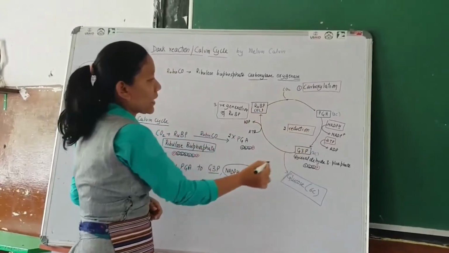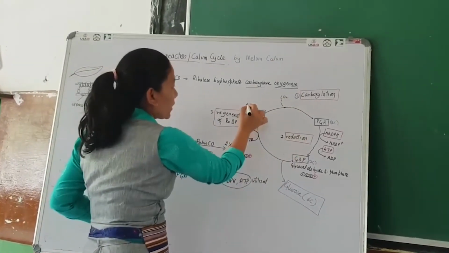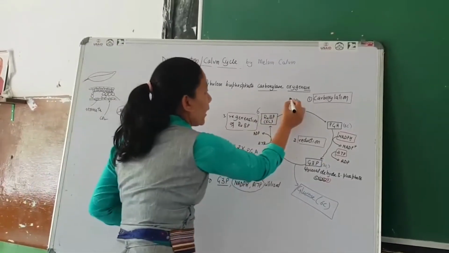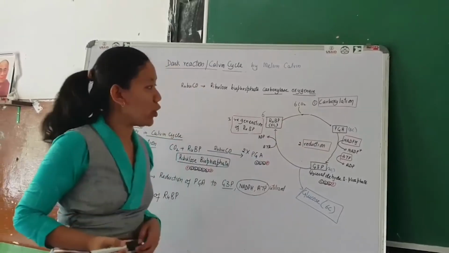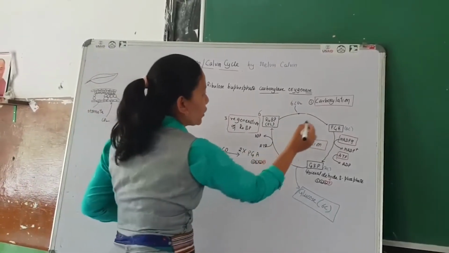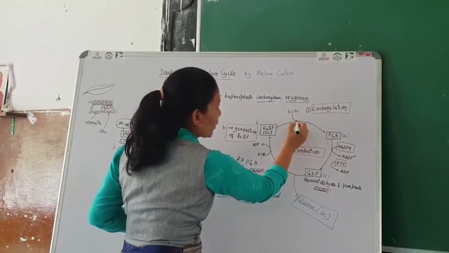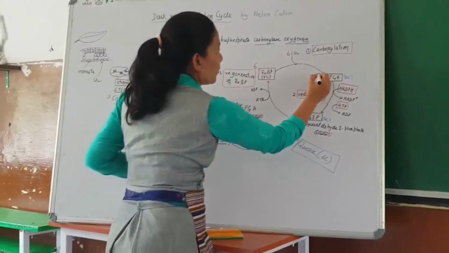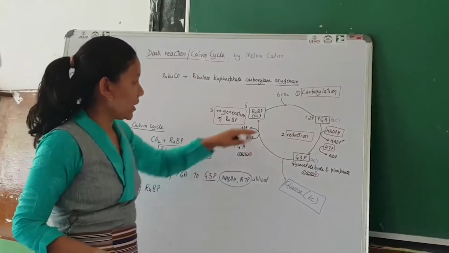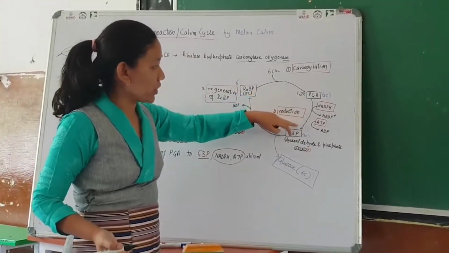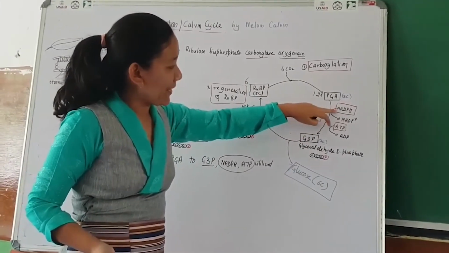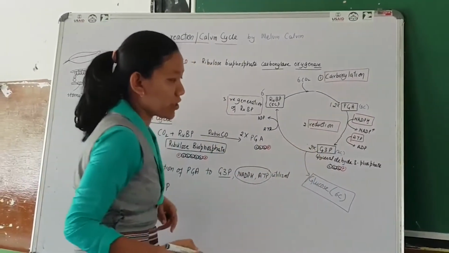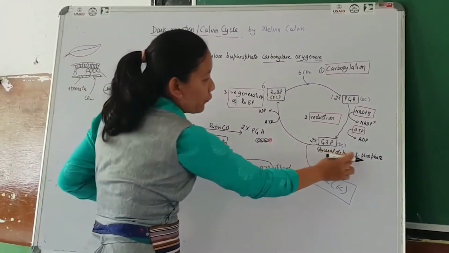So when there are 6 Calvin cycles occurring, there are 6 acceptors of carbon dioxide, that is 6 RuBP, fixing 6 molecules of carbon dioxide. 1 carbon dioxide fixation by RuBP gives 2 PGA, so 2 into 6 is 12 PGA, and these 12 PGA undergo reduction by utilizing NADPH and ATP, resulting in the formation of 12 G3P, that is glyceraldehyde 3-phosphate.